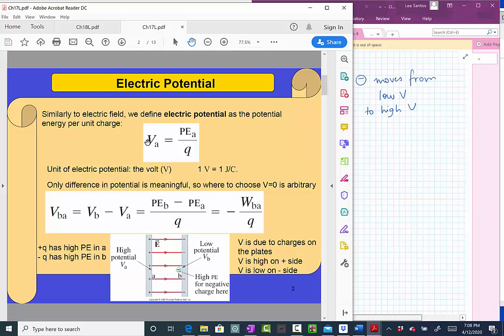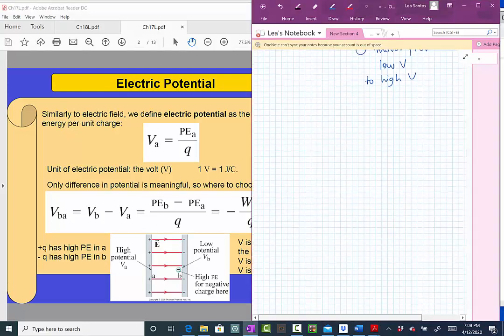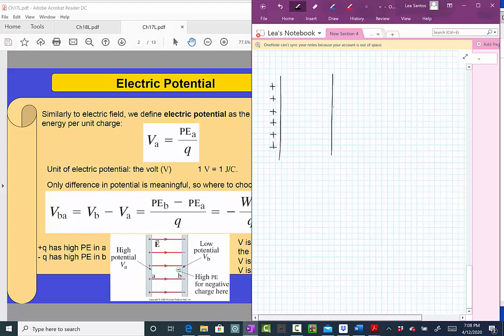We talked about the change in potential energy. Let's now talk about the change in potential. Let's start the whole story again with the positive charge. It's initially close to the positive plate, so it initially has high potential, and it's going to move towards the plate that is negatively charged, low potential.